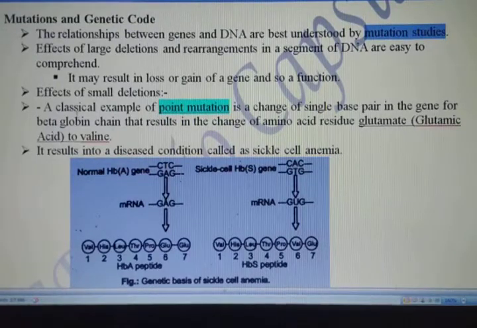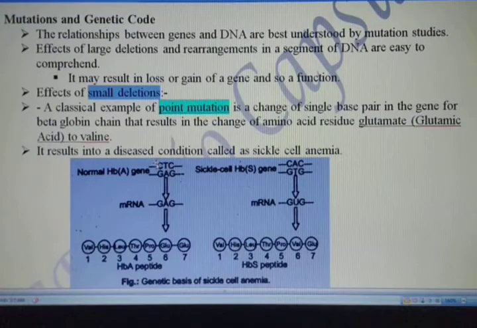When we talk about the effect of a small deletion, here I discussed a large deletion, but now what I'm talking about is a small deletion. Suppose a small change has taken place, like we had discussed in the previous chapter in the case of sickle cell anemia.